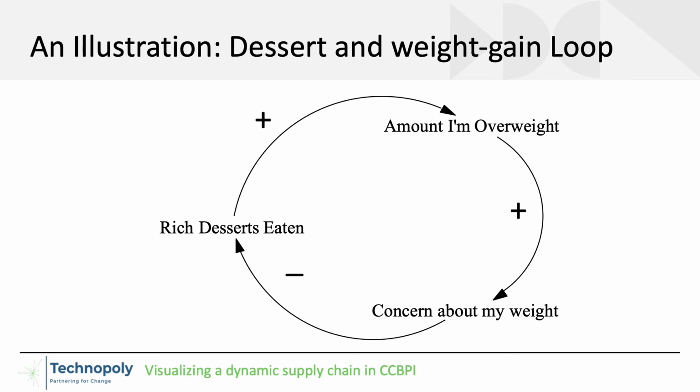And when I gain more weight, then again, it leads to a positive relationship that I'm now concerned again about my weight. So looking at this cycle leads to what we call a negative feedback loop, which is why weight gain sometimes is quite a challenge, because it is a negative feedback loop at its core.